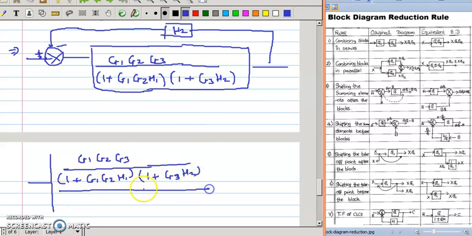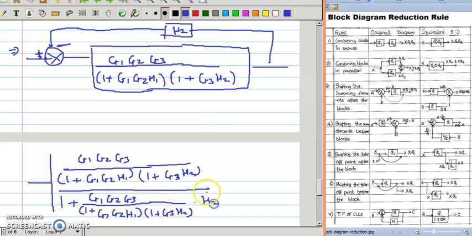Divided by, oh, this is plus 1, right? This is minus, that's why we are taking positive. Into feedback element, and the feedback element is H3. So this is the block we get at the last.